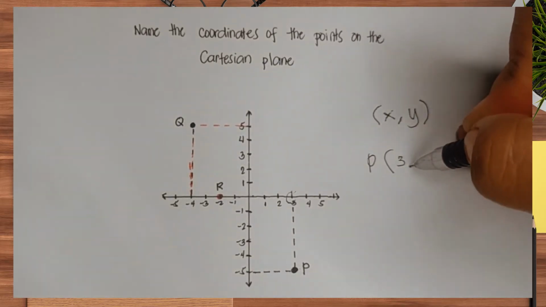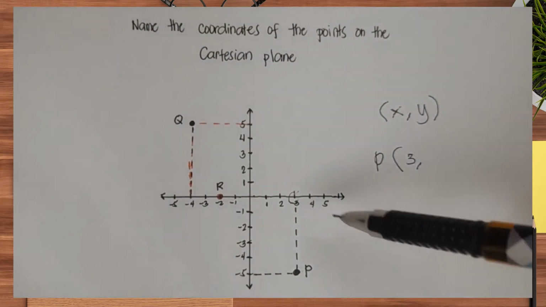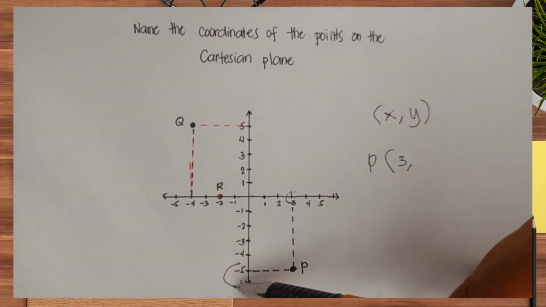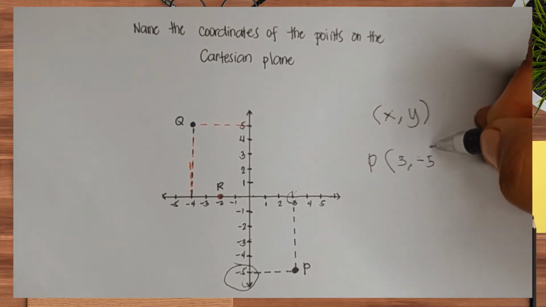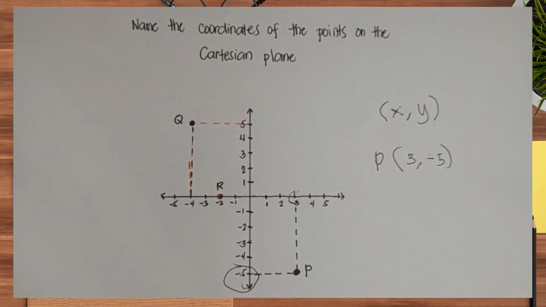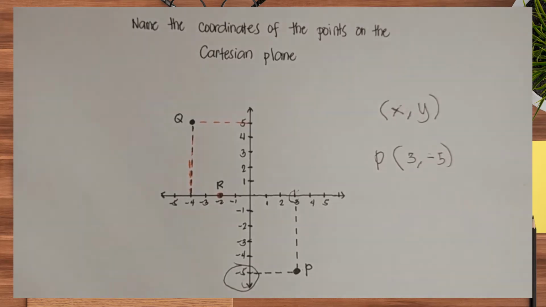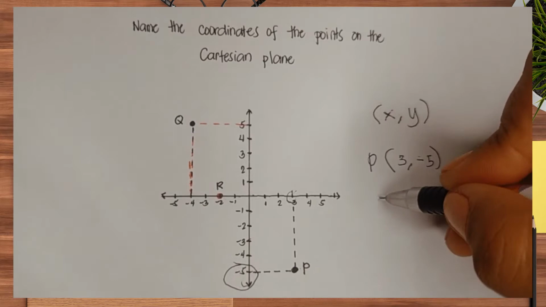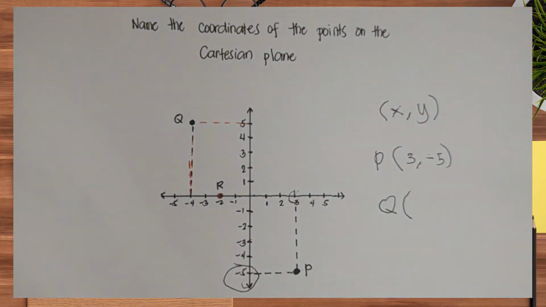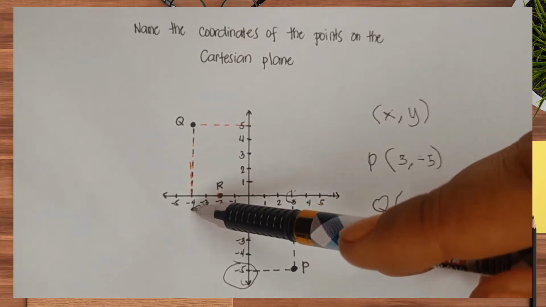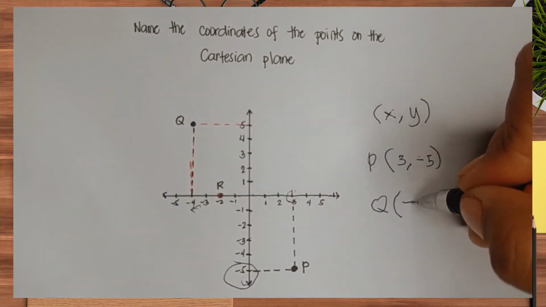Abscissa is 3 and our ordinate is negative 5. The coordinates now of our point P is (3, -5). Now, let's move forward to our point Q. Our point Q, here, the abscissa is negative 4.